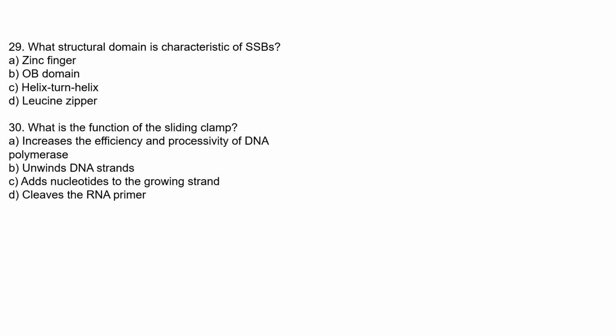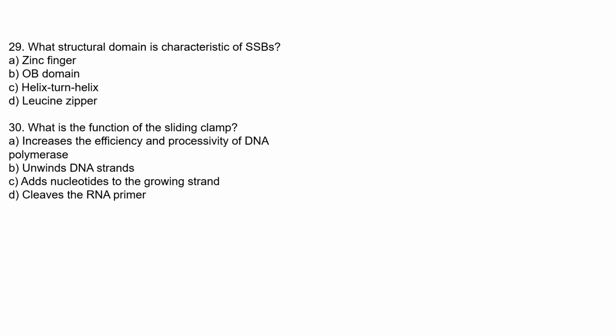Moving on to the next question. What is the function of the sliding clamp? I talked about this earlier. You guys remember the sliding clamp? Anyone in the comments? Yeah, someone in the comments has got it absolutely right.